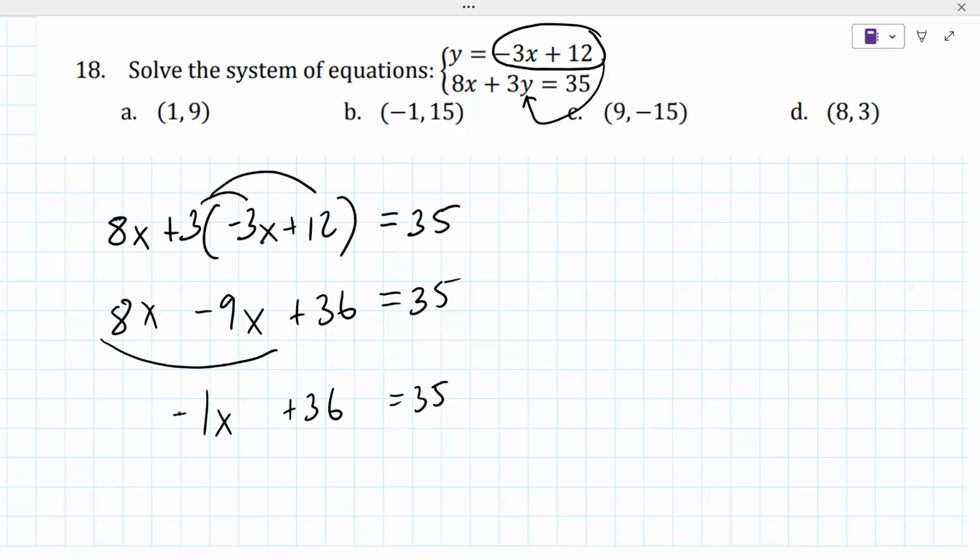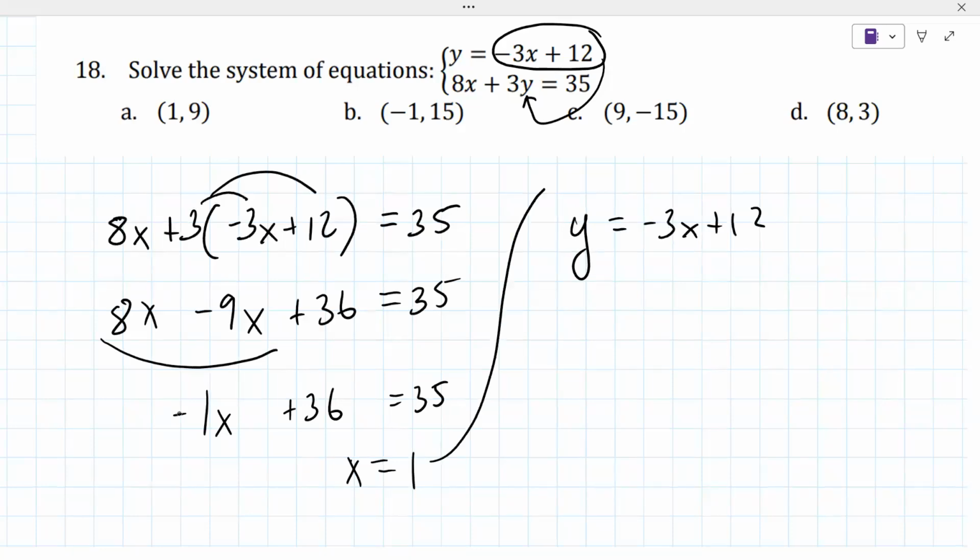I got x equals 1. Okay. I agree. So to find y, you go back to the y equation and you put 1 in for x. So could you do that and solve for y, please? Okay.